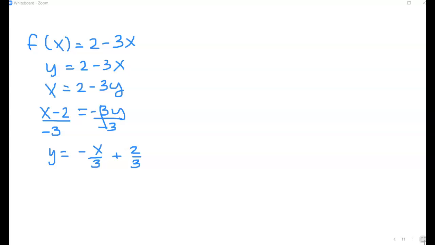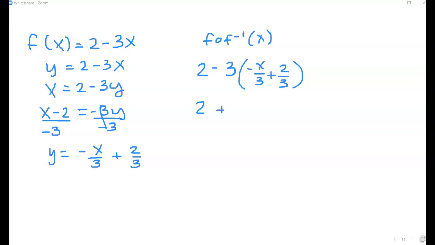And then to verify that they're inverses, you're supposed to do function composition, which means plugging one into the other. And if you get x, you know that they are inverses.